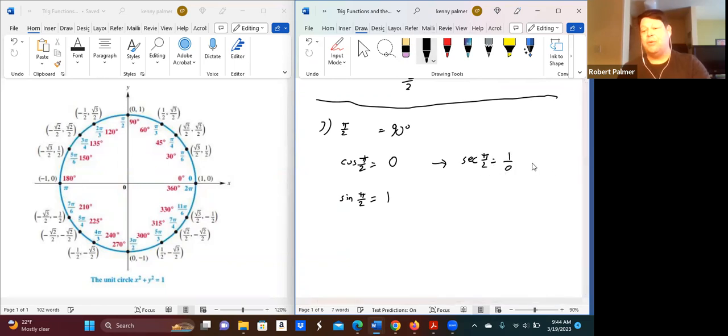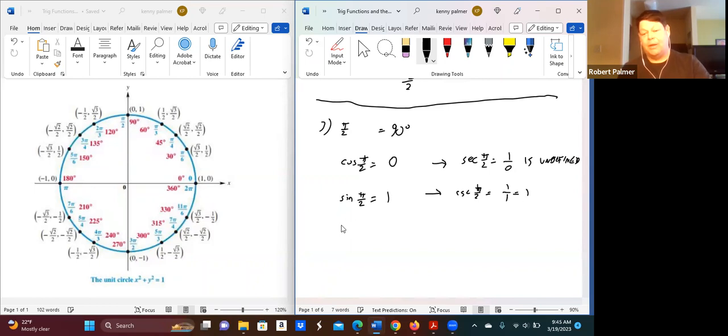If you remember, 1 over 0 is undefined. Remember, undefined means it's not a number. Now, sine, if we do cosecant of pi over 2, it's 1 over 1, which is just 1.